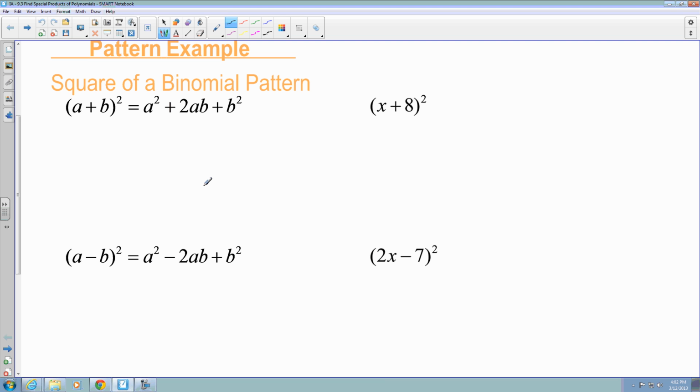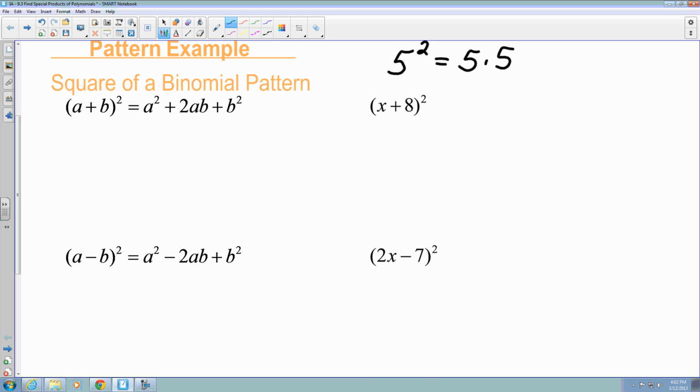Where we come up with those things is from being able to FOIL out those products. One thing you have to keep in mind is, if I had something like 5 squared, we know that's 25, but it can also be rewritten as 5 times 5.